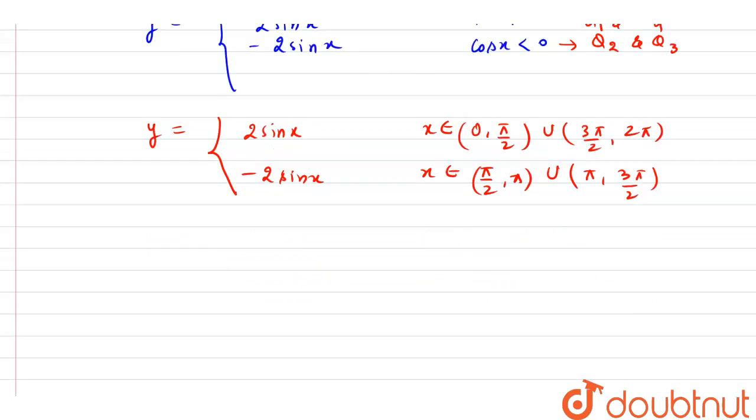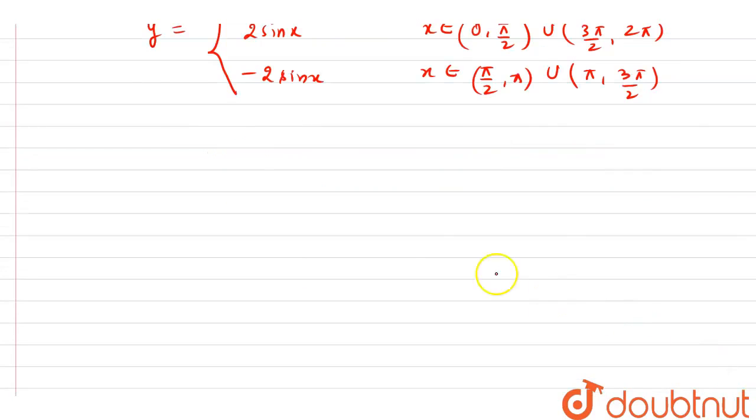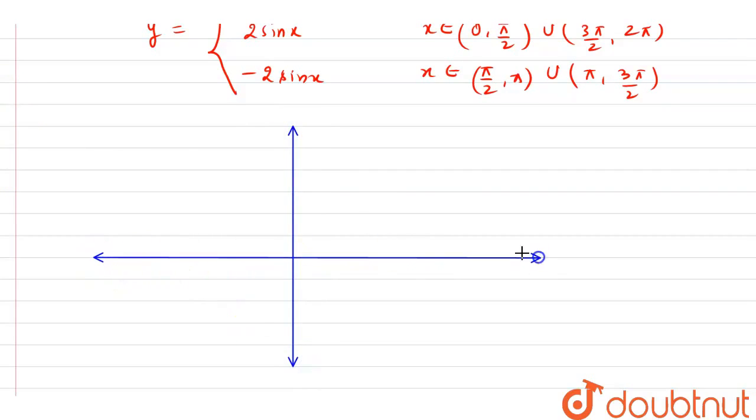So now let's draw our graph. First we have to make our axis. Now let's put our points: 0, pi by 2, pi, 3 pi by 2, and 2 pi, right?